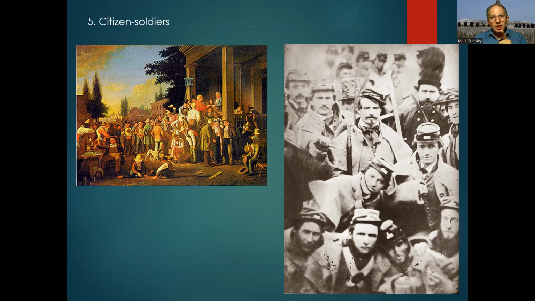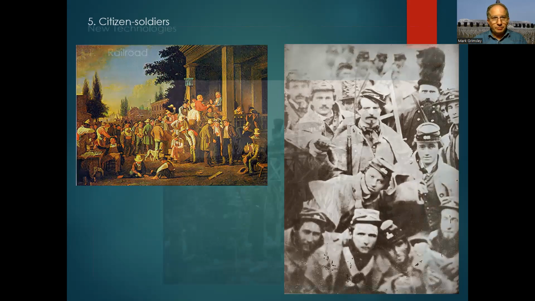These soldiers had a good solid understanding, perhaps a mistaken understanding, but a good solid understanding of the political ideology involved. So on the left, I've got a picture of a county election. On the right, I've got a photograph of a Virginia militia unit at the outset of the war to kind of illustrate the point.